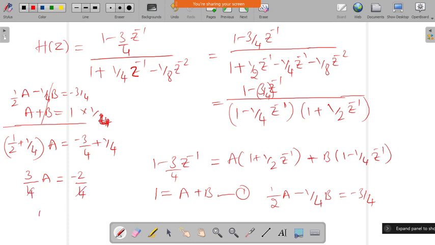So A is equal to minus 2 by 3. Now if A equals minus 2 by 3, B will be equal to 1 plus 2 by 3, or B equals 5 by 3. Are you getting the values of A and B?